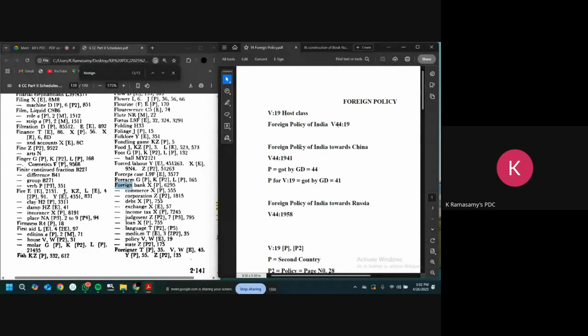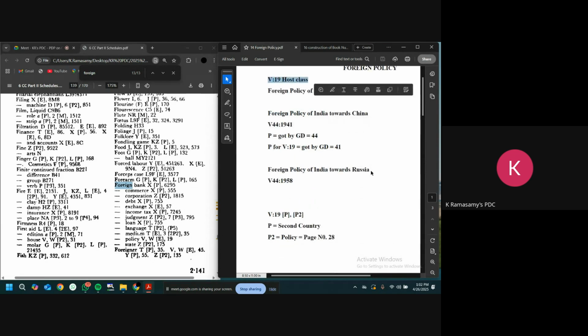But Ranganathan says V:19 can be taken as a host class. Host class means it can be treated as an independent main class, something like a canonical division. For this V:19, he has given a formula: P1, P2.